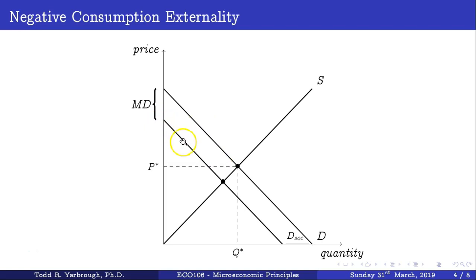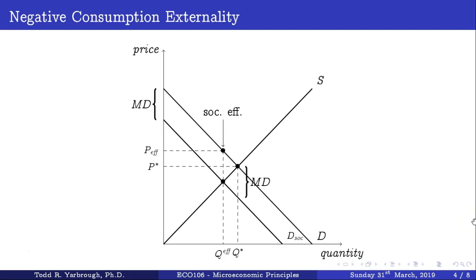What this does is, like it did before, it establishes a point of social efficiency. And again, the social efficiency is at a lower quantity and at a higher price, reflecting the fact that when consumers only pay P star, they're not paying for the marginal damage they're creating under the private market equilibrium, whereas the socially efficient equilibrium takes into account this marginal damage.